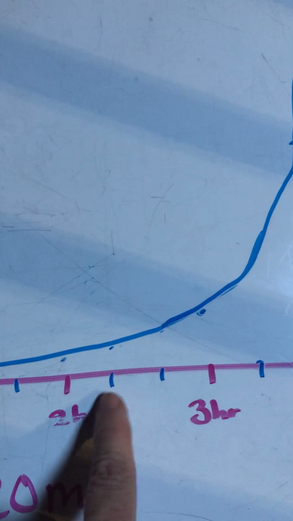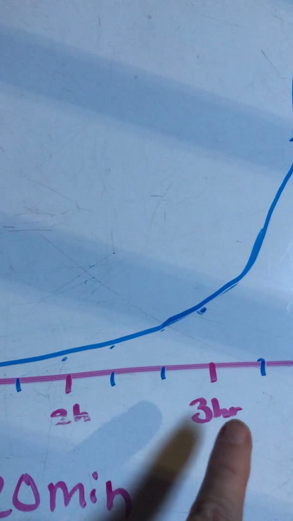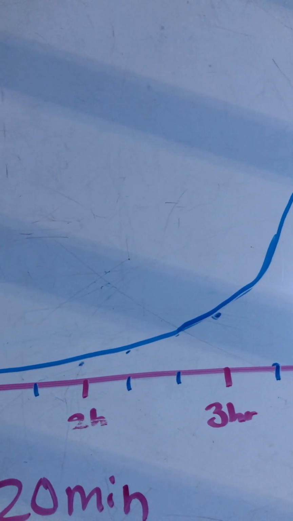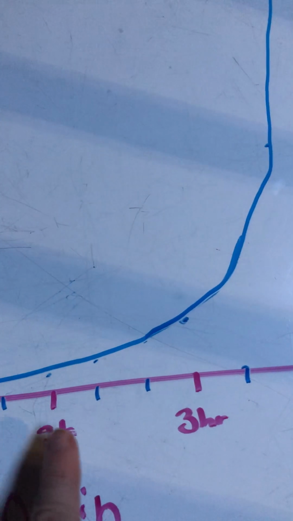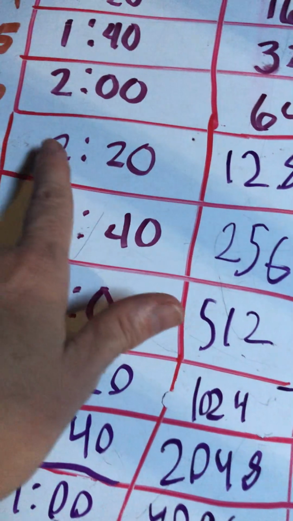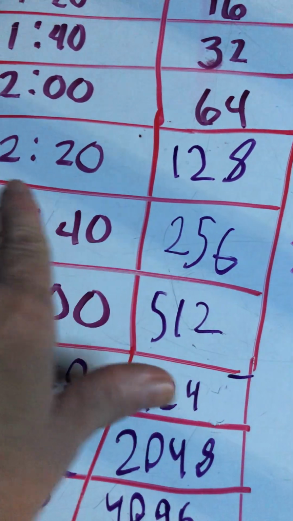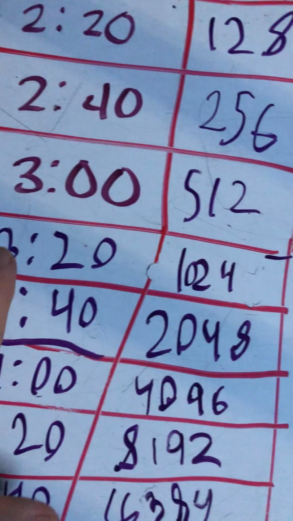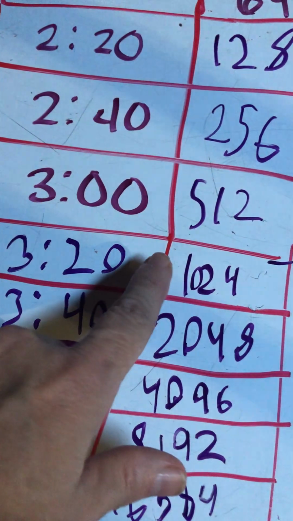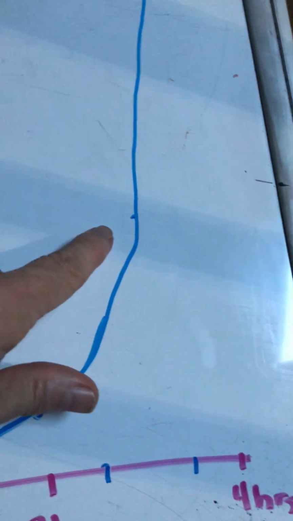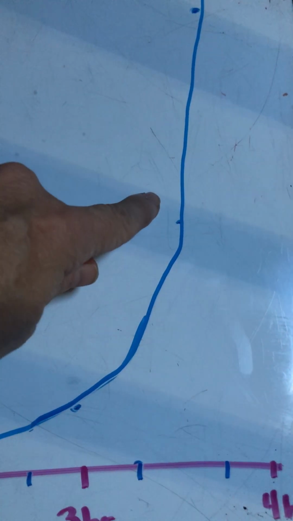So we just did that in 20-minute increments, because by this point she had realized that there were 3 20-minute increments in an hour, and we just went in and filled in 2:20 at 128 and 2:40 at 256. That's what these points are here. And then we found 3:20 and 3:40 at roughly 1,000 and 2,000, which are what these points are here.